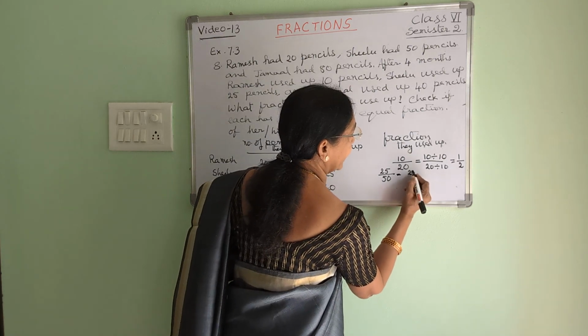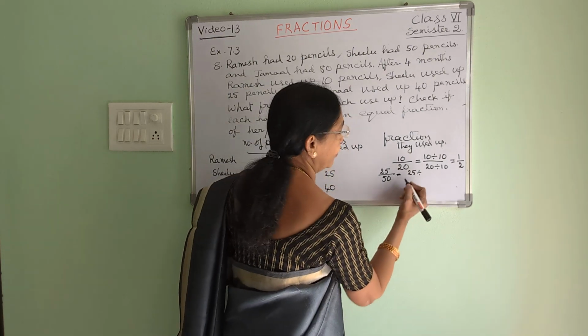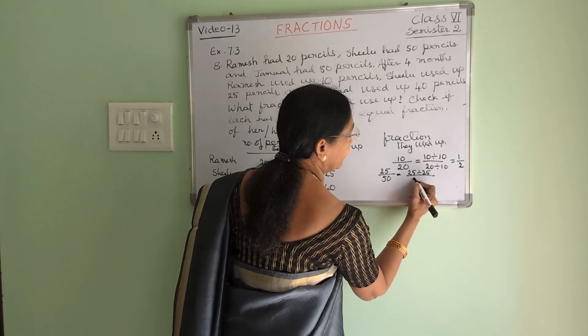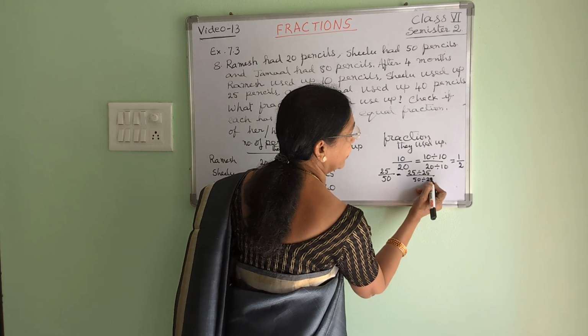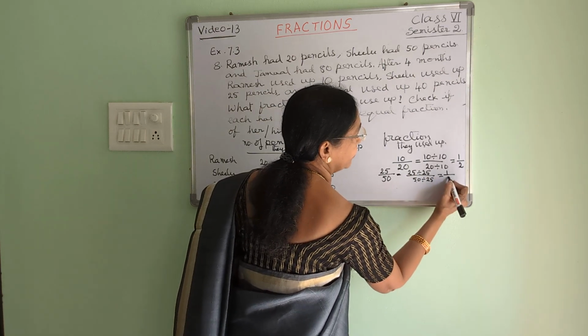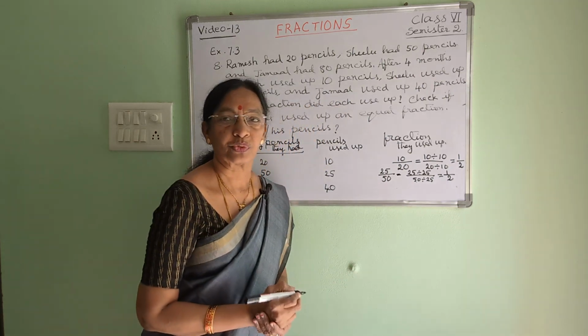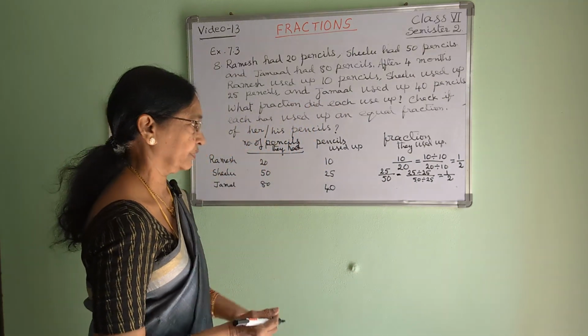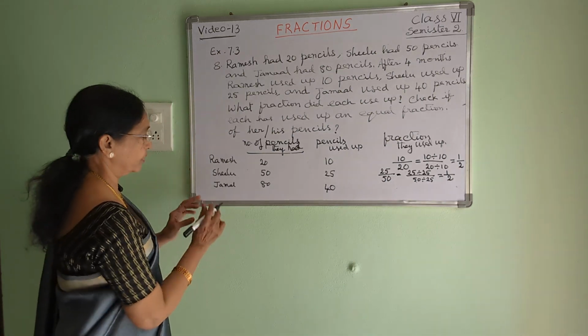Therefore, we can write it in simplest form as 25 divided by 25 by 50 divided by 25. 25 divided by 25 is 1, 50 divided by 25 is 2. Therefore, half is the fraction of pencils they used up.